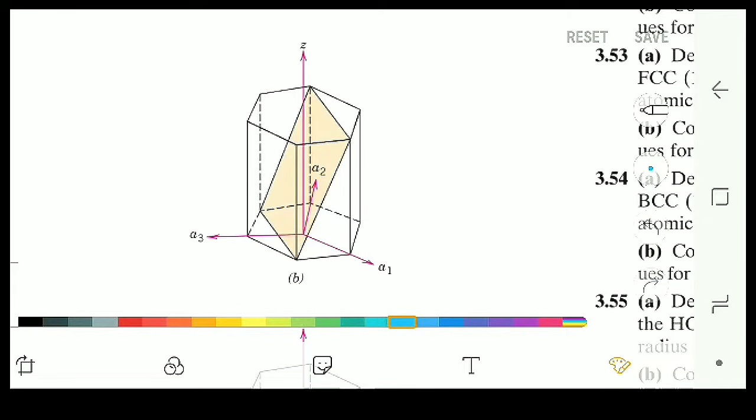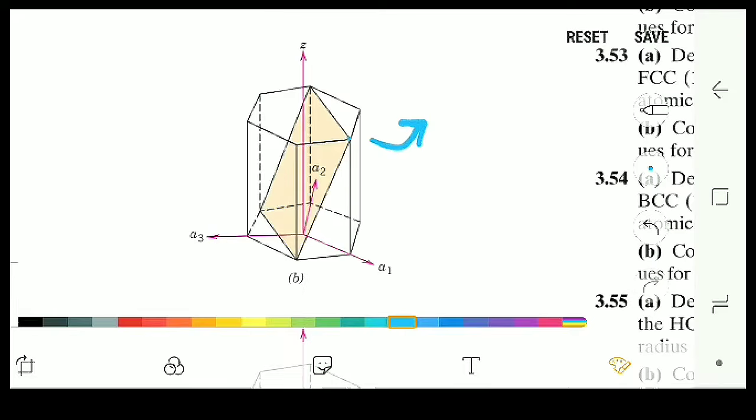The most suitable point to me looks like this one. This is the most suitable point, or this one, or that one, but the first one is better. Now we need to find the coordinates of this point. Starting from the origin, what movement is needed along the axis lines to reach that point.